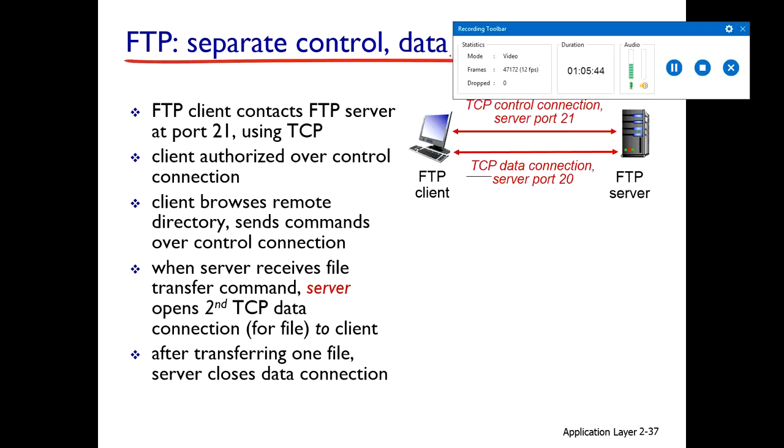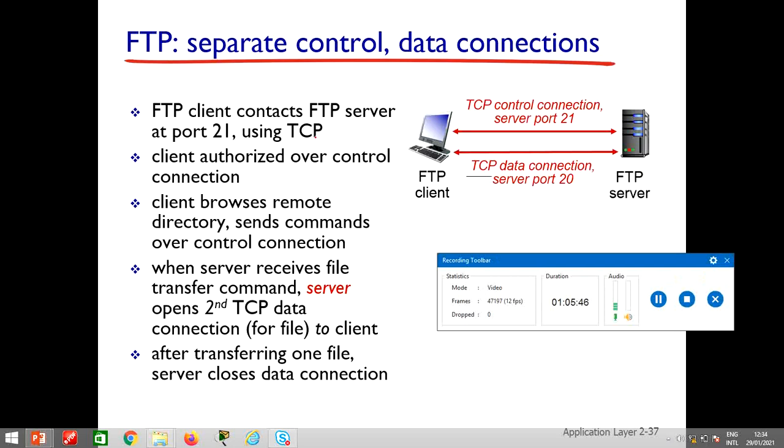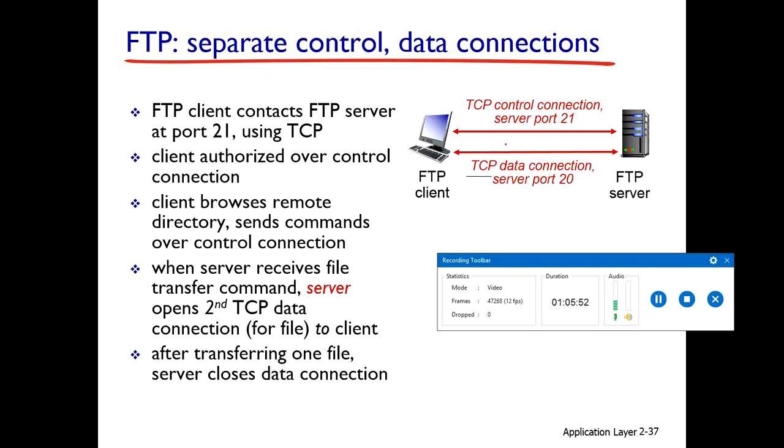Now, how does it happen? The FTP client contacts the FTP server using port number 21 and a TCP connection. The client is identified or authorized over the control connection. Now the client will browse the FTP directories and send commands over the control connection.